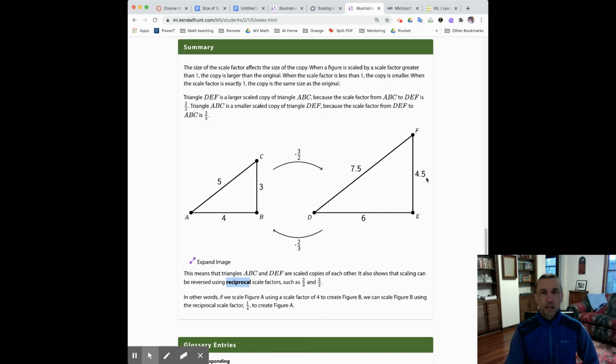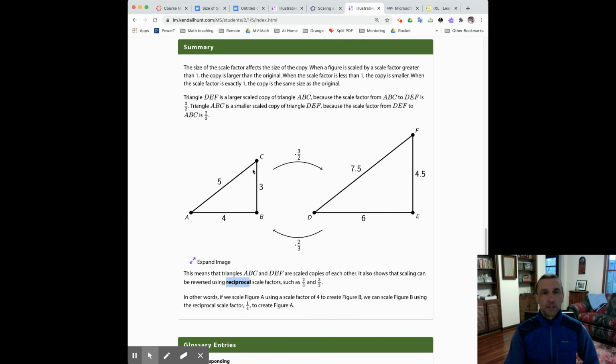If I multiply 4.5 times 2/3, I get 9/3. 9/3 simplifies to 3. If I take 7.5 and I multiply by 2/3, I get 15/3, which simplifies to the number 5.